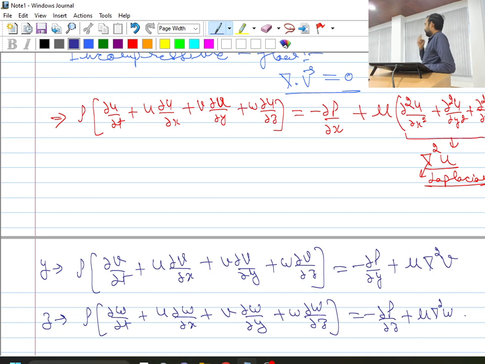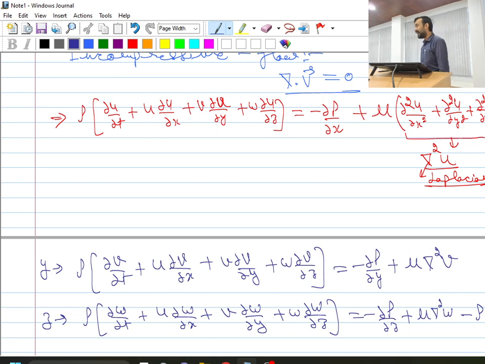One term we missed yesterday, that will be nothing but minus rho g into k, because of the gravity. So yesterday I forgot to write it in the z momentum equation, because gravity is only acting in the z direction. Okay. Is this point clear?